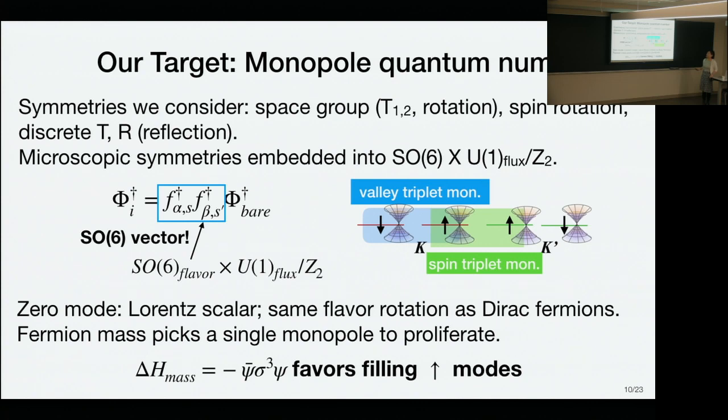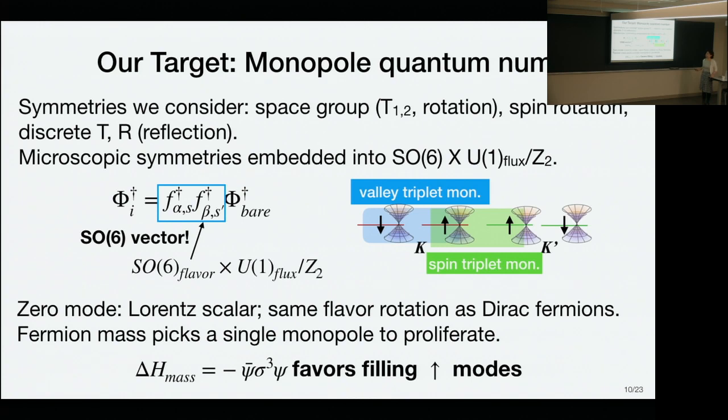As we say, the monopole consists of filling all the Dirac C, which is an SO6 singlet, and two of the zero modes denoted by F. So each zero mode carries the same flavor rotation as the Dirac fermion from which it descends. And hence the SO6 part of this monopole is fixed straightforwardly by its zero mode content.